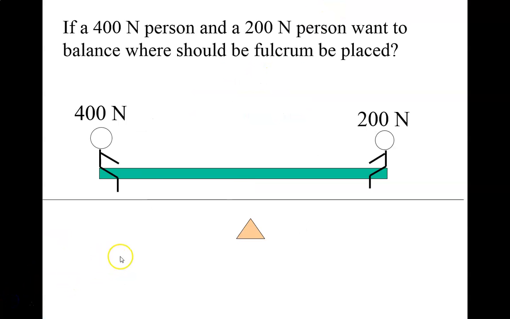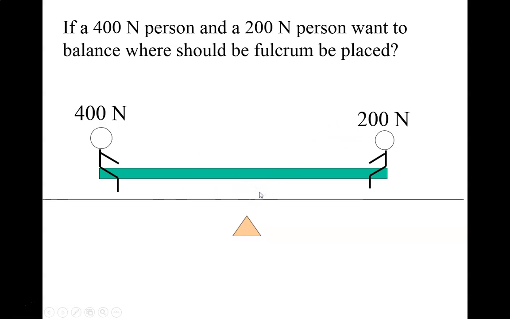All right. So pay attention. A lot of kids struggle with this. It doesn't have to be hard, but there'll be some where I say, where should we put the fulcrum? We've got 2 people on far ends, and what we're saying is, where should we put the fulcrum in order for them to balance? Well, who does the fulcrum have to be closer to? It's got to be closer to the 400 Newton person.